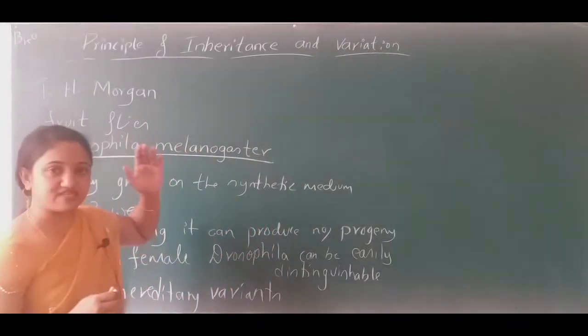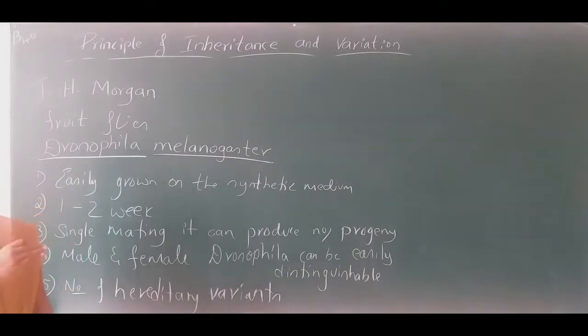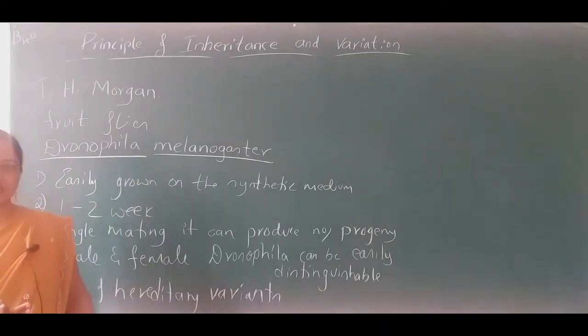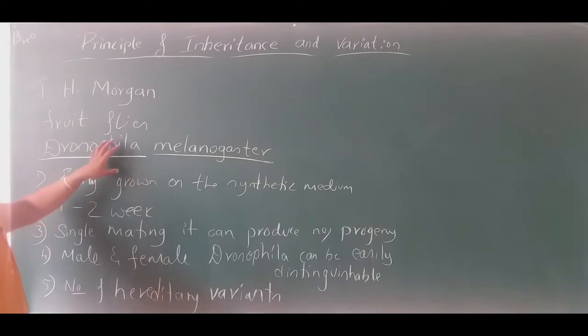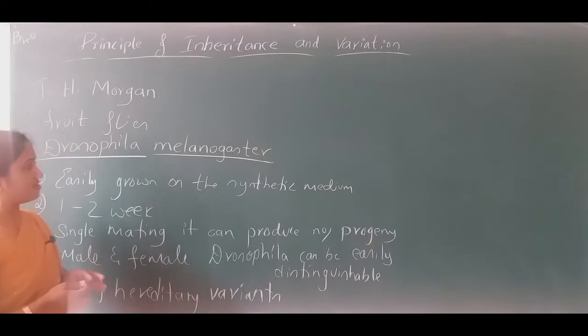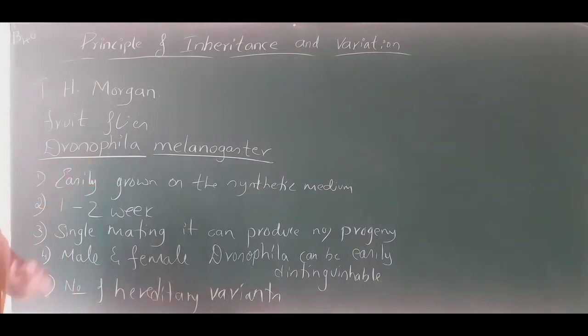Likewise, as the pea plant had 7 contrasting characters, this also has a number of hereditary variations. In a male and female cross, it can produce various hereditary offsprings. We'll see that later. So with this, we'll move on to linkage and recombination.